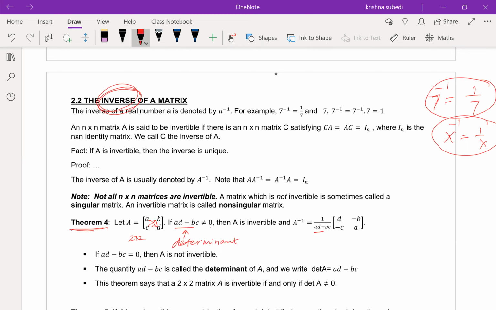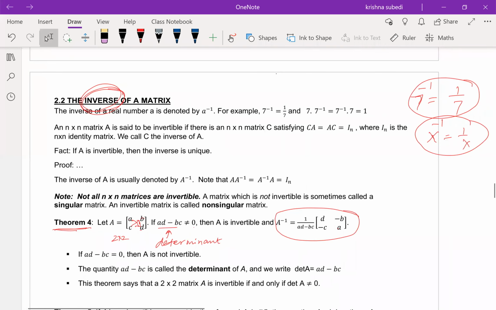Okay, a is there, d is there, but now we switch the positions and we change the sign of b and c. That is how we find the inverse of a 2 by 2 matrix, and that is the definition of the inverse matrix for 2 by 2. And for 3 by 3, we'll talk about that after the break. But let us focus our attention on 2 by 2 only now.